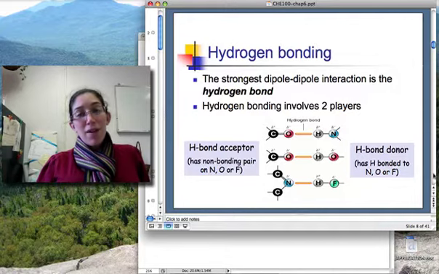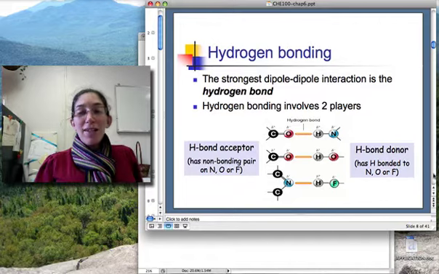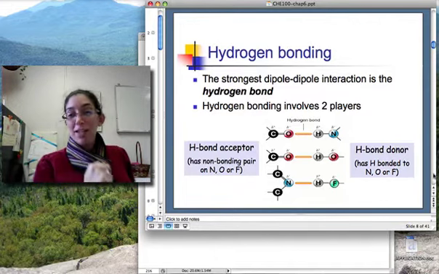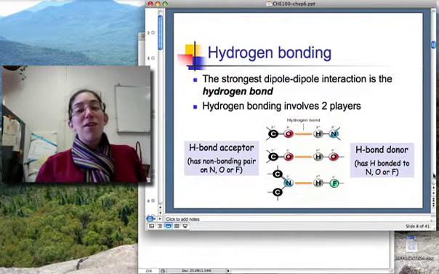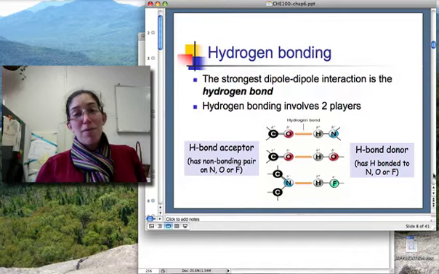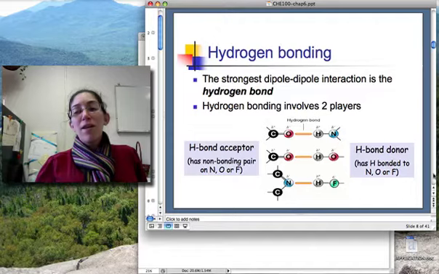The third type of intermolecular force we're going to talk about is hydrogen bonding. Technically, hydrogen bonding is a form of dipole-dipole attraction, but it's the strongest type. Hydrogen bonding is defined by the fact that you have to have a hydrogen bond acceptor and a hydrogen bond donor.